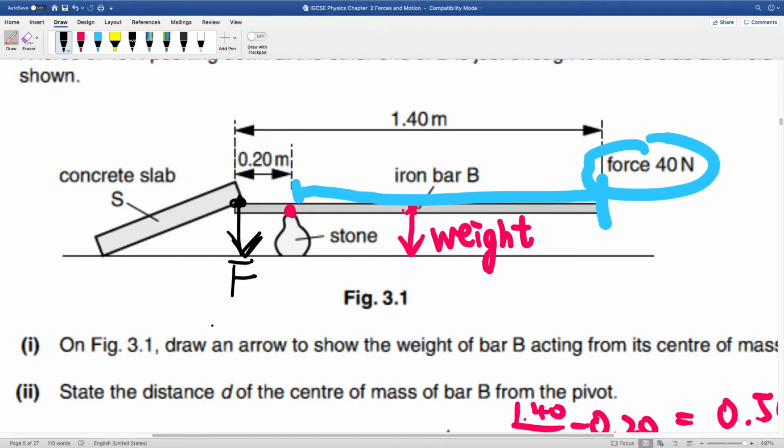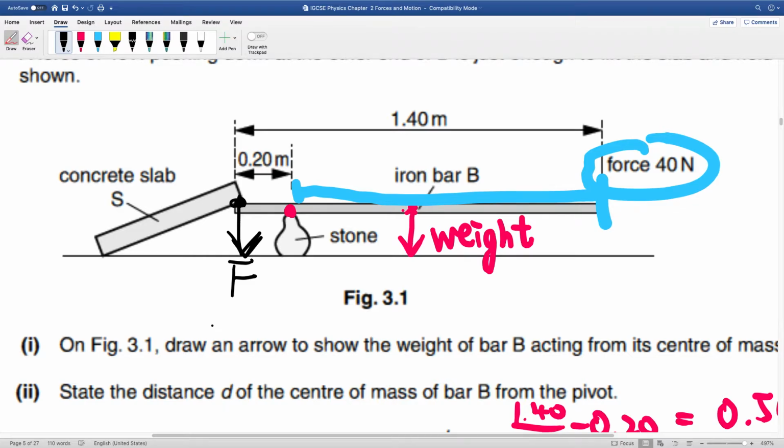Now, you can say move the stone to the right. If you move the stone to the right, you reduce the total clockwise moment. So that reduces the total anti-clockwise moment needed to balance the iron bar.